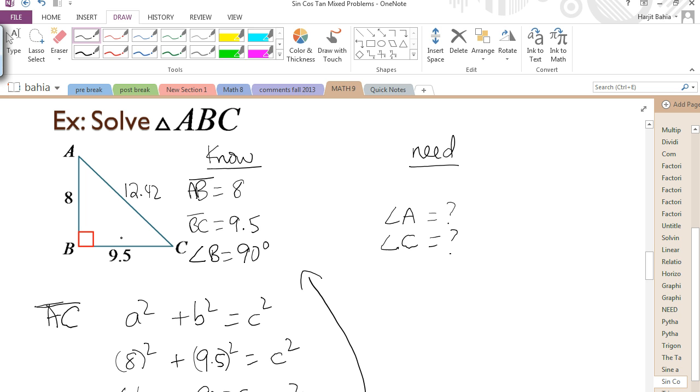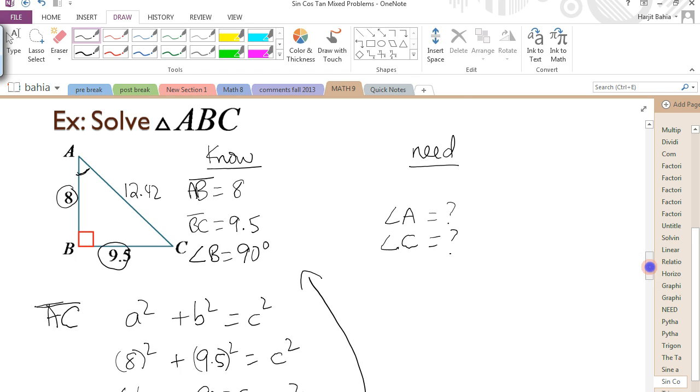I have a lot of things I could use here. I like using tangent. If you haven't noticed, I like using tangent. So to figure out angle A, I'm going to use this number and that number. Again, you could use that number and that number. Or you could use this number and that number. You could use any one of the SOHCAHTOA ones. But for this one, I'm going to use these two numbers to figure out that angle.